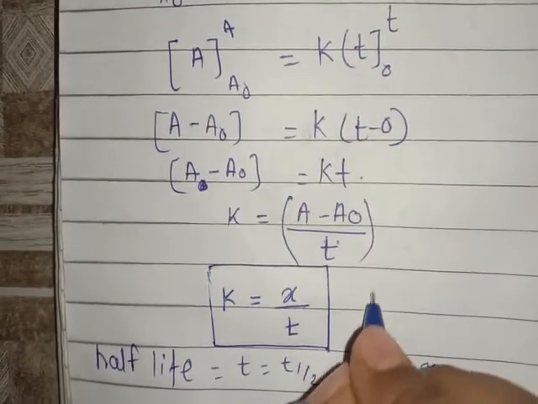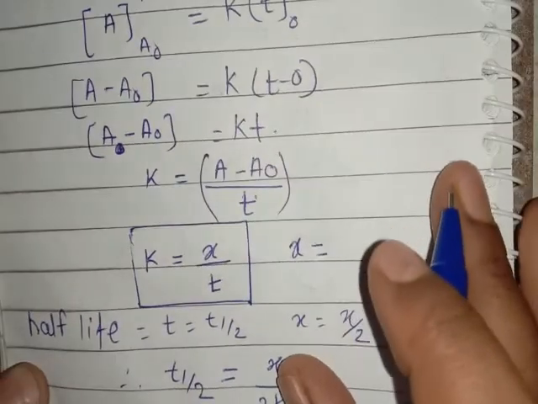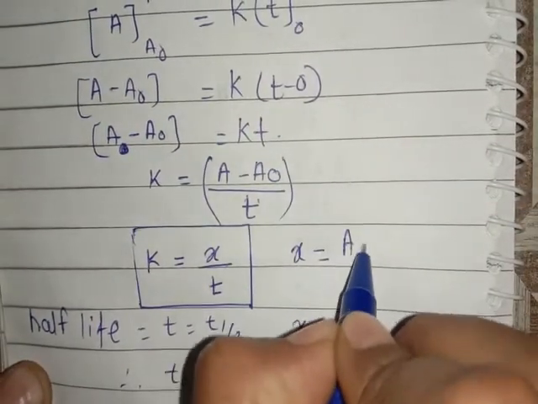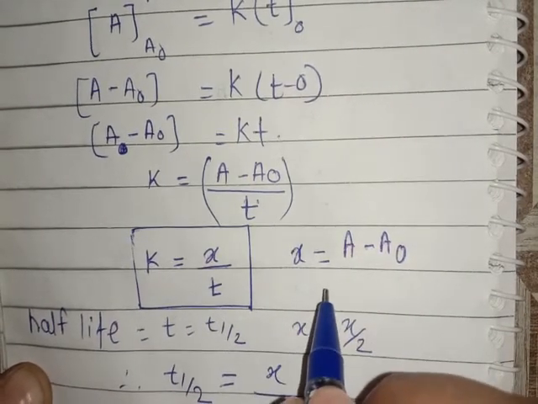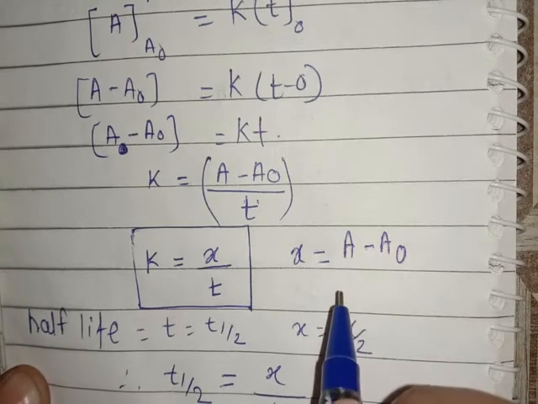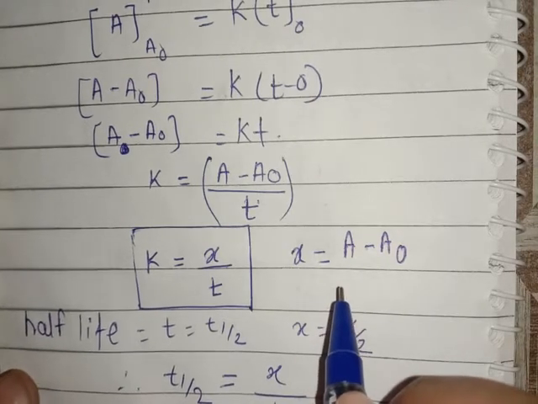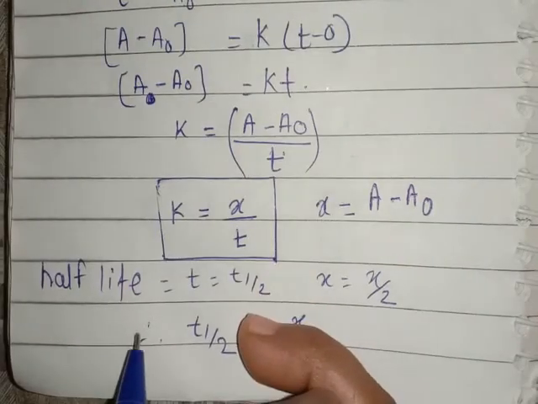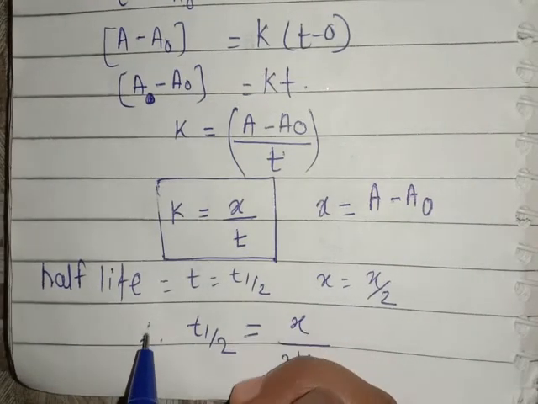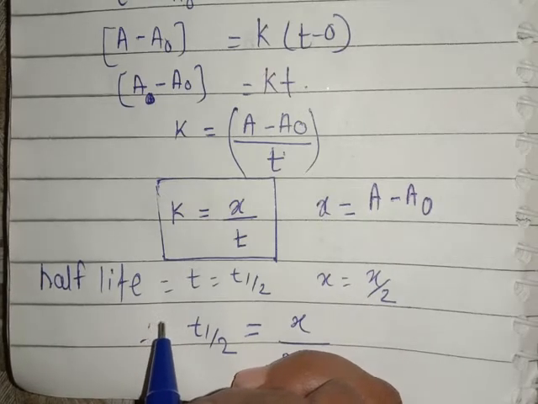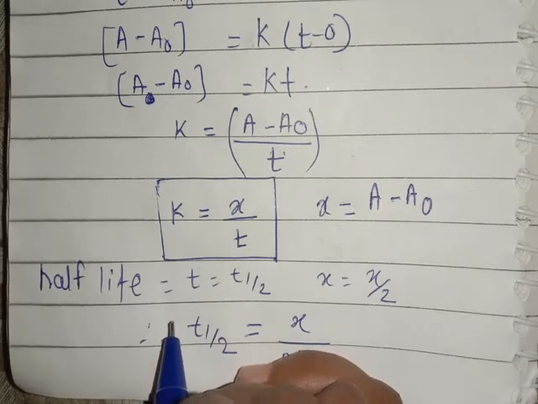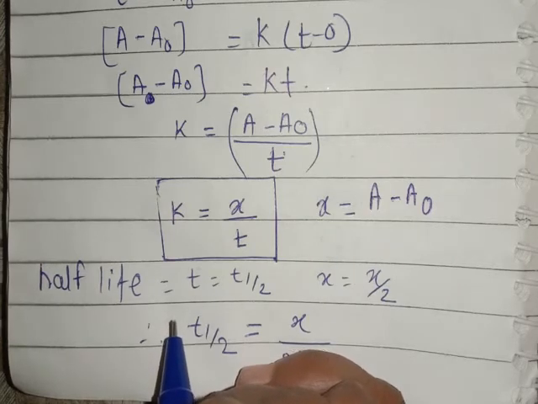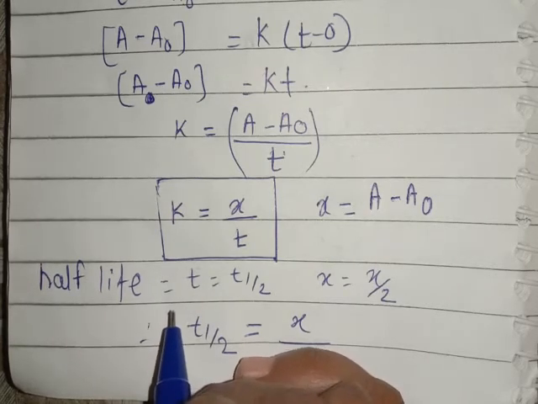So X is equal to A minus A0, that is how much reactant is consumed. Now the half-life of any reaction can be found out. So what is, first of all, the half-life period? The half-life period is the time in which the initial concentration of the reactant becomes exactly half.